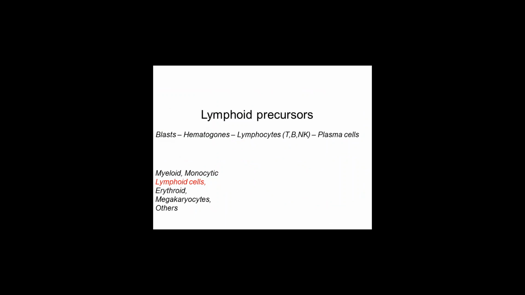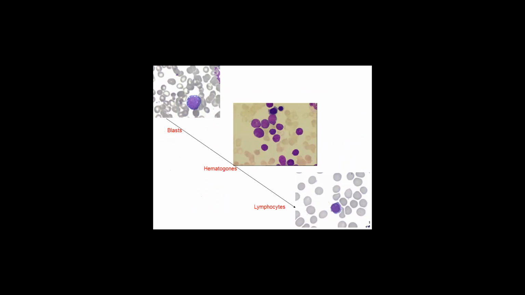Now coming to the lymphoid cells. We will just have a look at a couple of slides of this, because this itself is a very big part, and we will probably need more time to look at different cells of this. Now the blasts, the monoblasts and the lymphoblasts are most of the time confused with the hematogones.